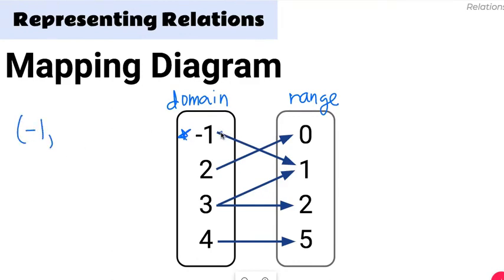If I follow the arrow, I'll find out my Y value. So -1 matches up with +1. Now let's take a look at my next number, 2. So the X coordinate is 2. The matching Y, or range, is 0.